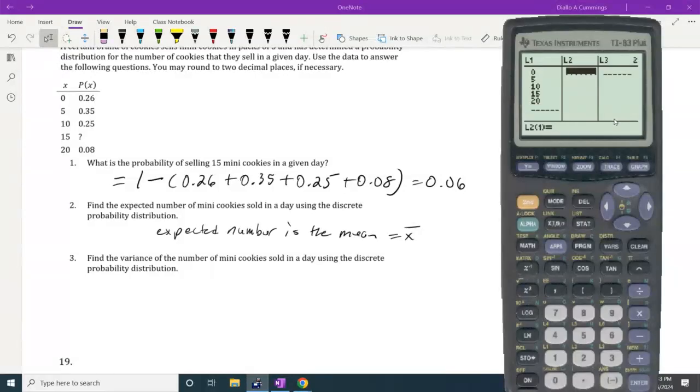Okay, 0, 5, 10, 15, 20. 0.25, 0.06, and 0.08. 0.26, 0.06, 0.08.